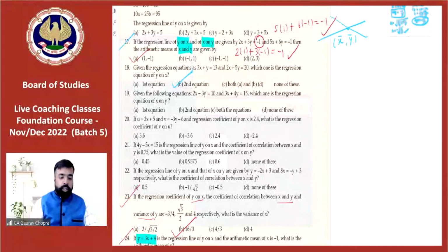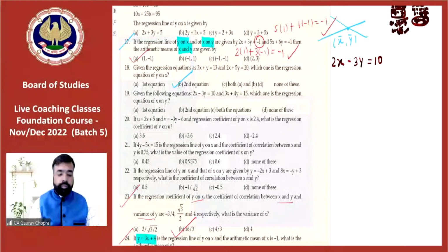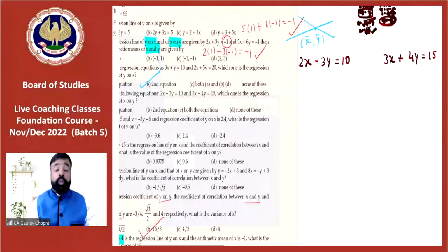So 19(1). The first equation is 2x minus 3y equal to 10, and the second equation is 3x plus 4y equal to 15. Now, which one is the regression equation x on y?